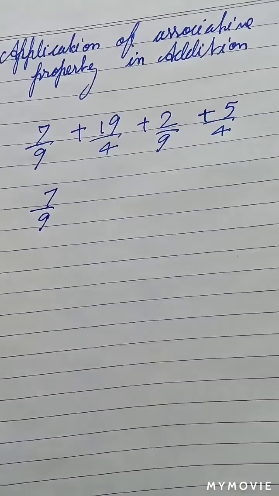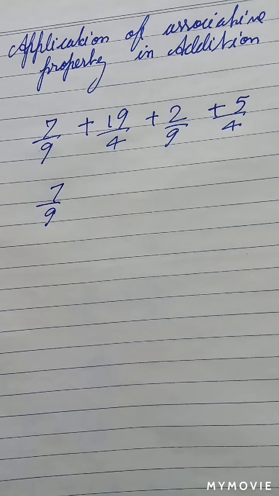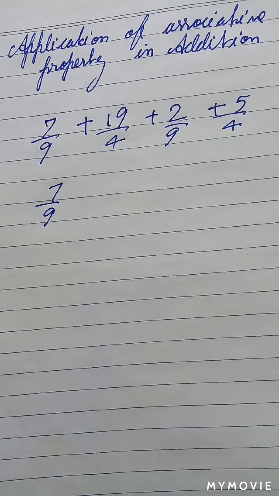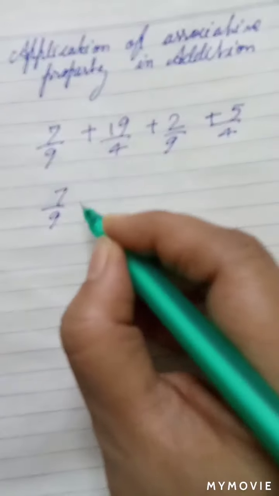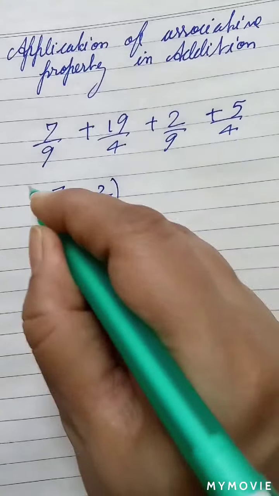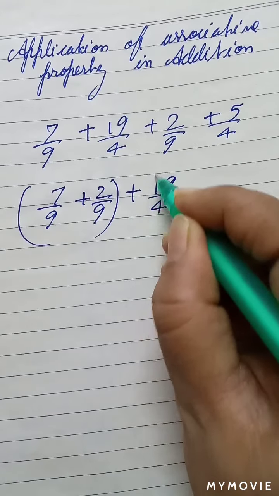First thing is, we know addition obeys the associative property. So we have two numbers with 9 as the denominator. We will group them together, because we can add them in any order and we know the result is going to be the same.